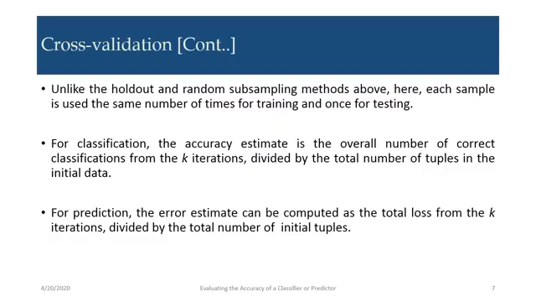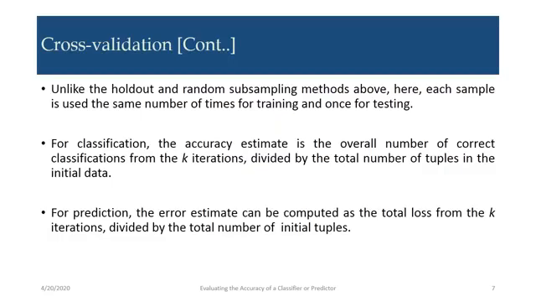Cross validation continuing. Unlike the holdout and random subsampling methods above, here each sample is used the same number of times for training and once for testing. So every sample in our data set is used for training as well as for testing.